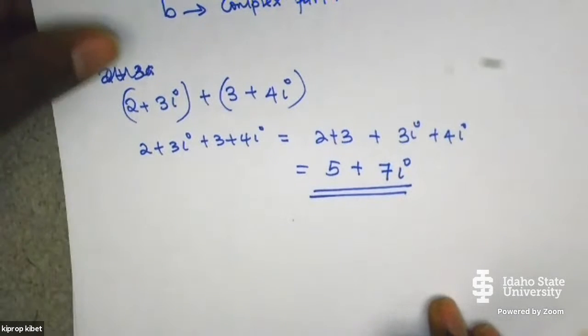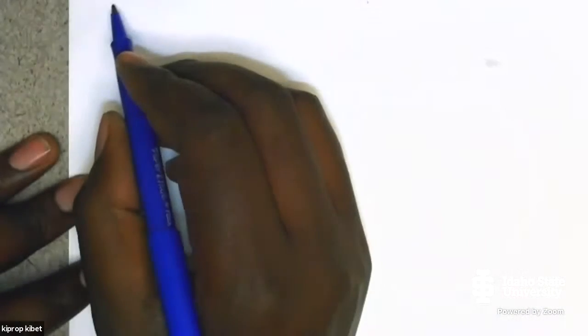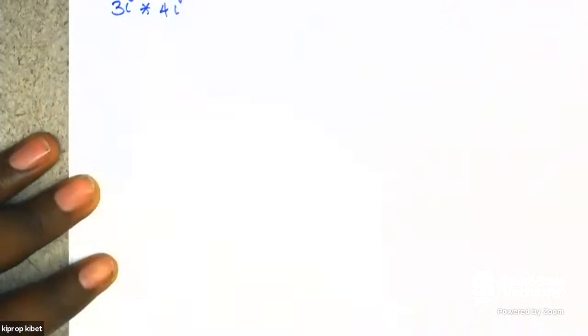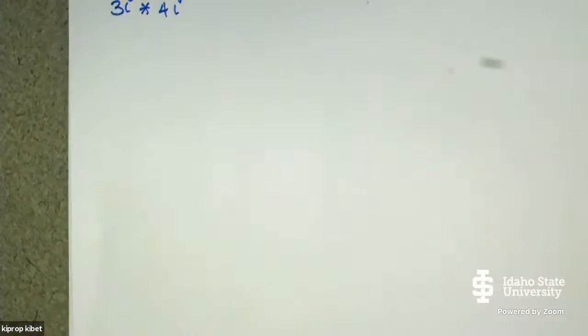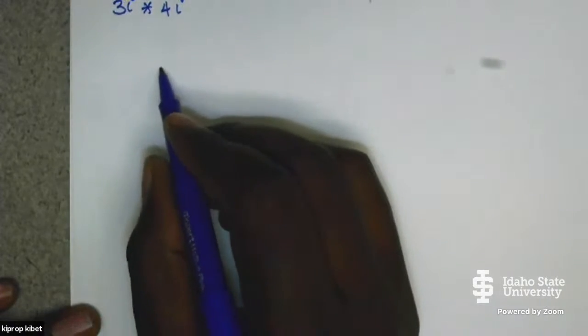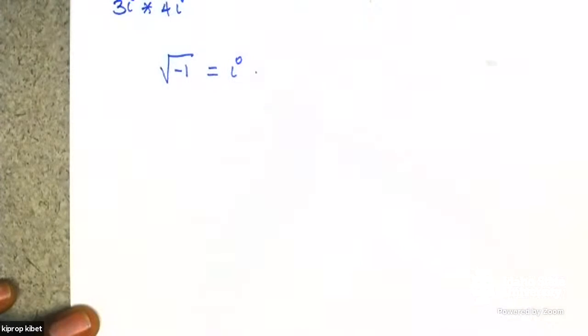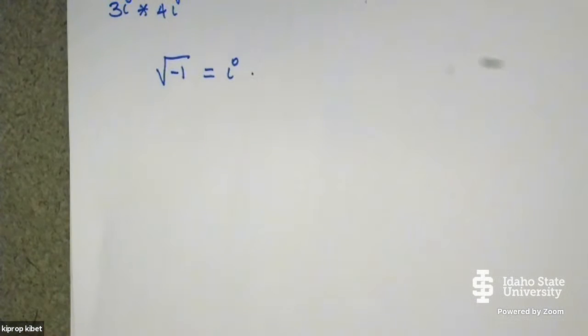3i multiplied by 4i. So we say the square root of -1 is the same as i.